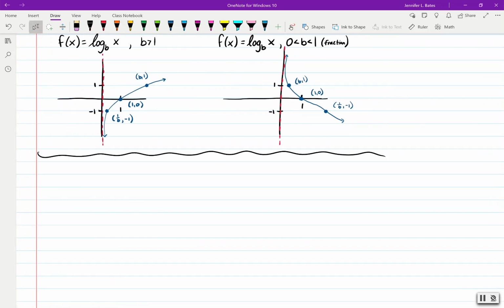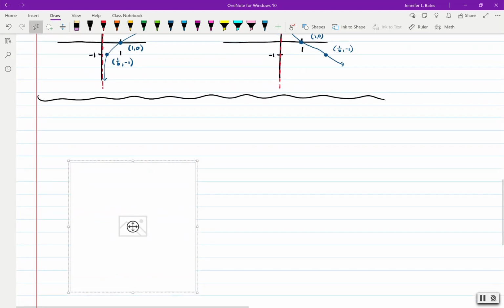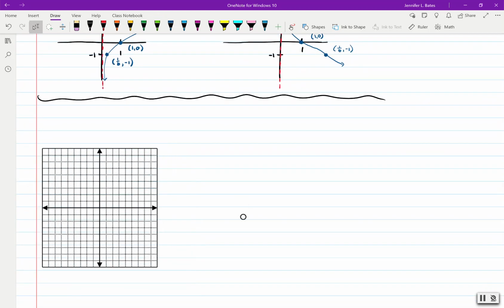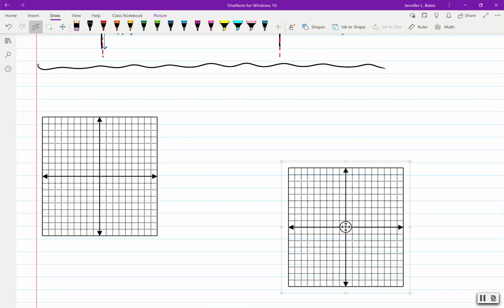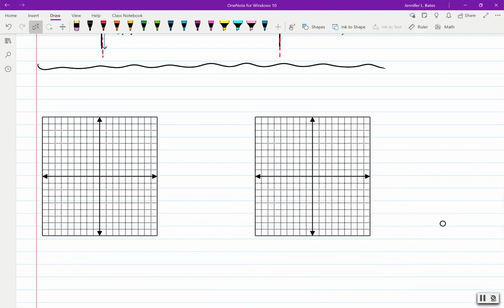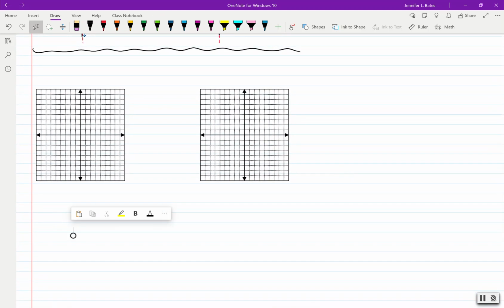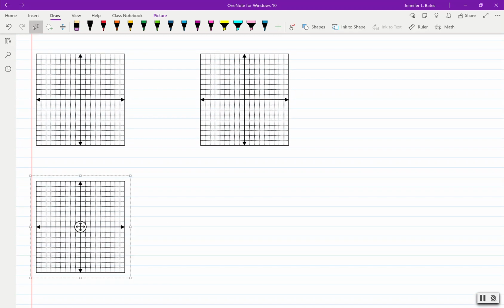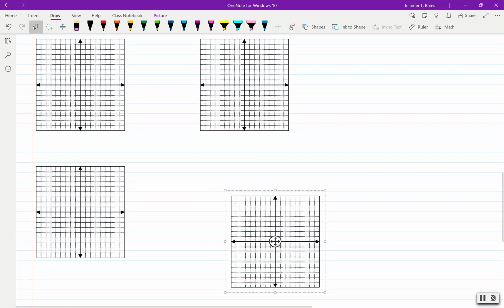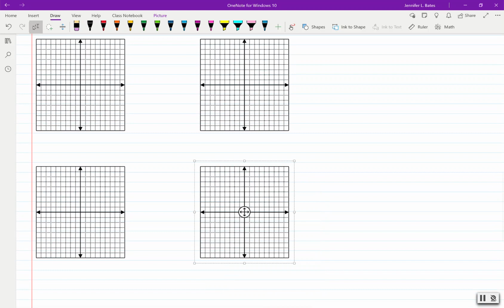I want you to leave 3 lines in between, so that we can write out the problem and write some other stuff in between each graph, and then leave a big block of space in between from left to right.